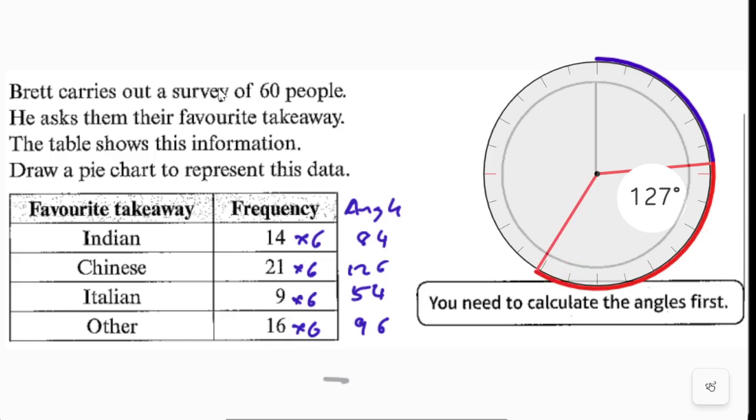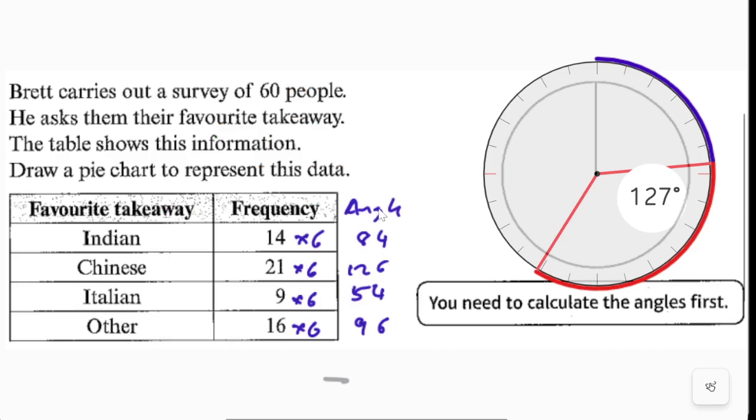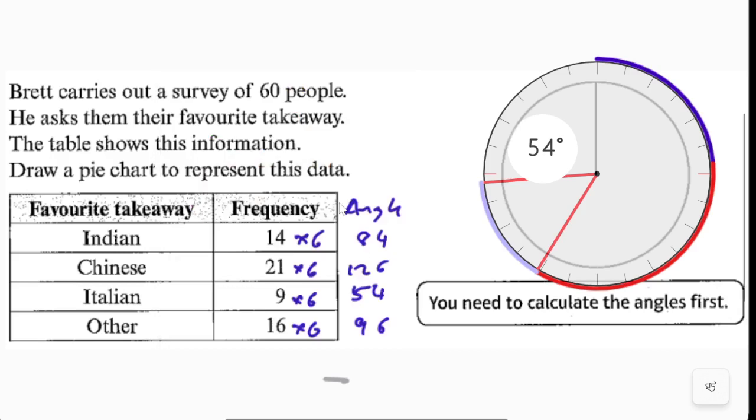I've gone slightly over, but that's okay. And then I'm going to go for a 54 degree. And then my final angle should be, provided I've drawn it well, 96 degrees.